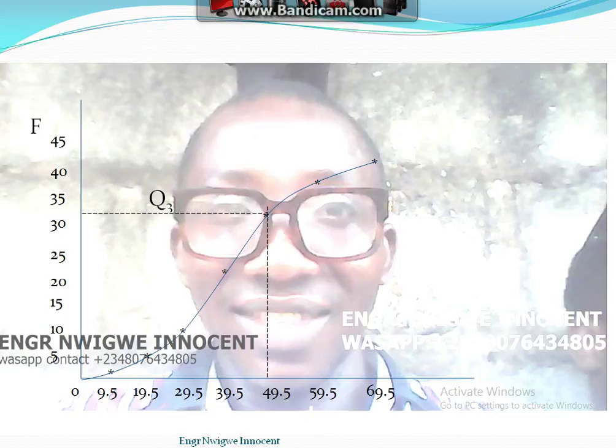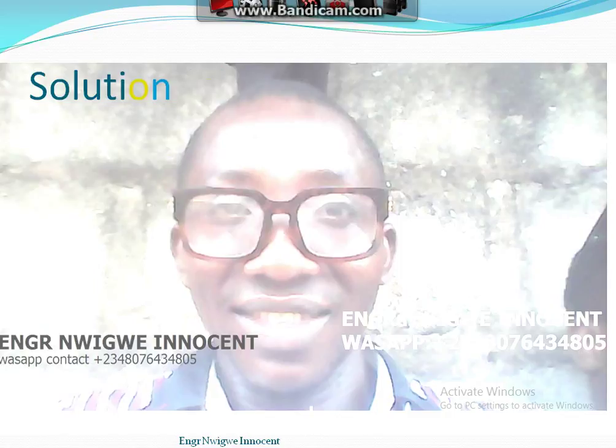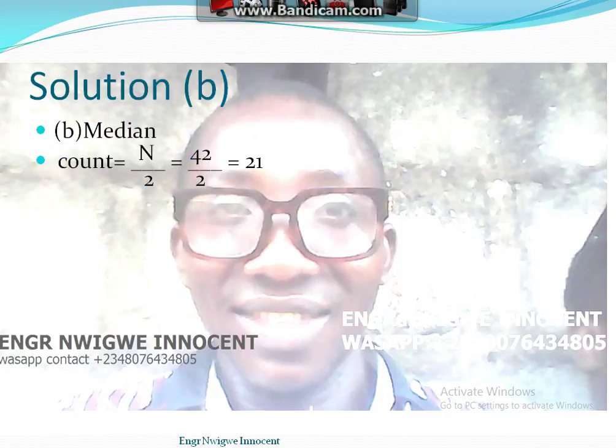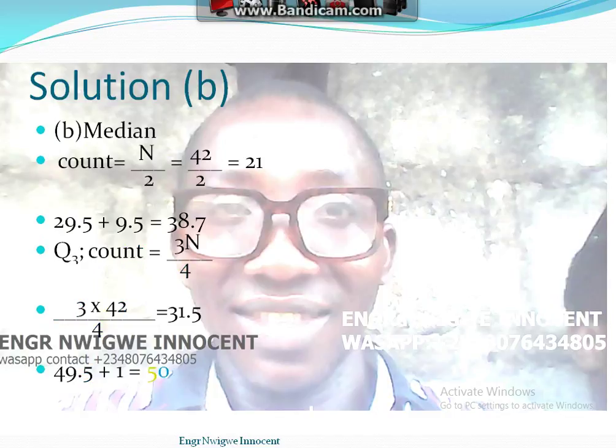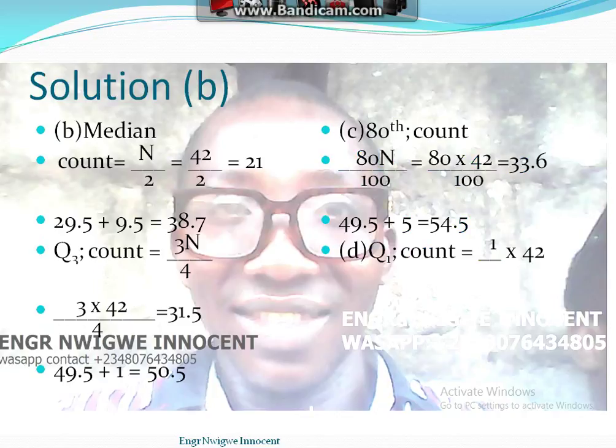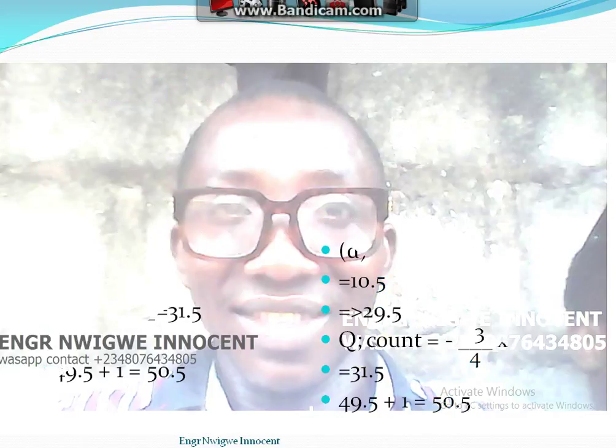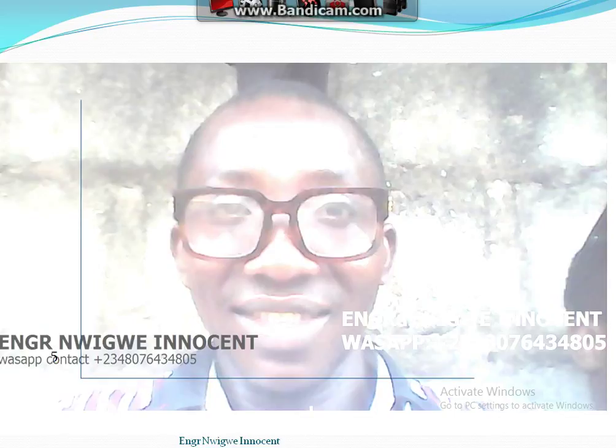Then we have the 80th percentile. The count is 80 over 100 times 42, which gives us 33.6. We now trace that 33.6 on the graph. Where it touches the Ogive, it traces downwards. We now have 49.5. We now count the decimals there, which are almost 5, which gives us 54.5.